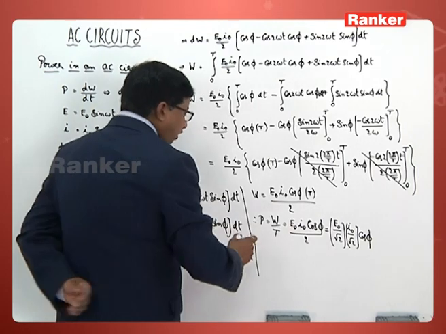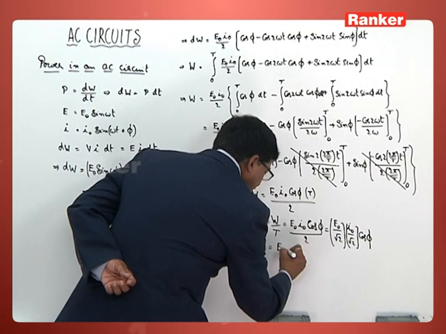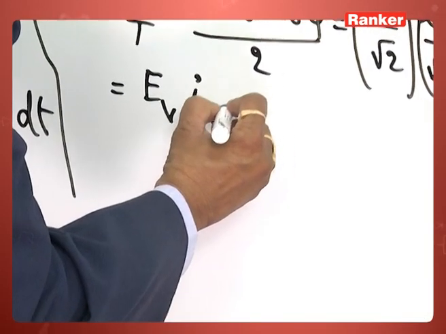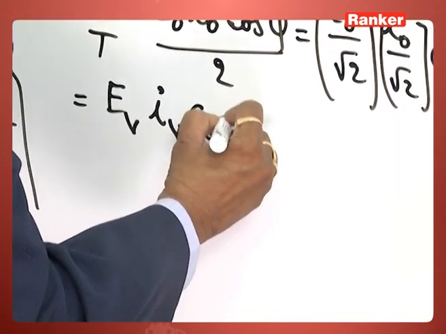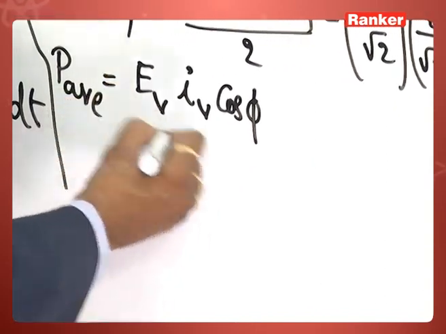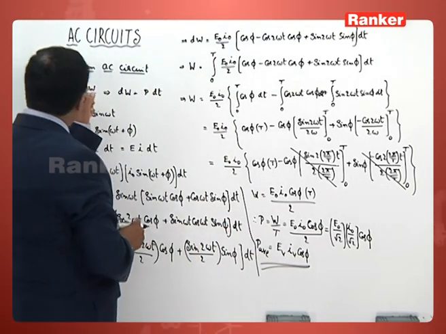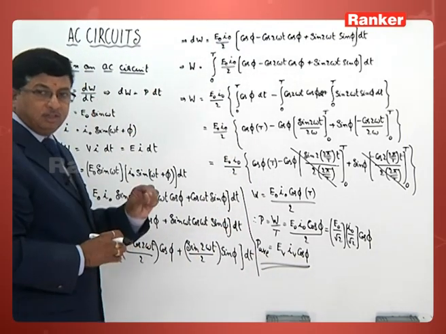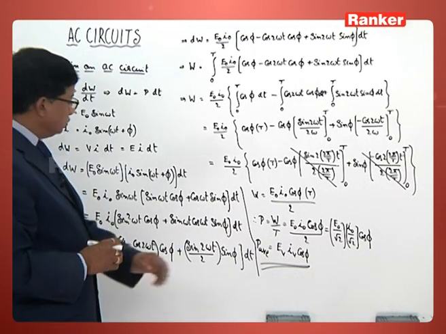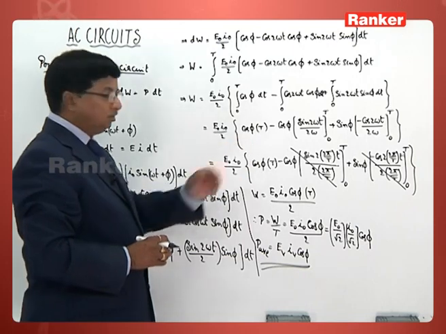So what can we write now? This is E virtual into I virtual into cos phi. This power we call the average power in any AC circuit. So the average power value we now have derived.